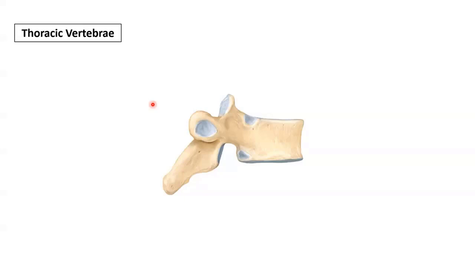And one of the unique features is that the spinous process of our thoracic vertebra, particularly from T1 to T10, or those first 10 thoracic vertebrae, are quite slender and they point downward, compared to the other vertebra, where most of the time they're in line with the vertebral body. So you can see this spinous process here is a little bit pointy on the end, and it projects downward, whereas most of our other vertebra, it projects in line with that vertebral body, straight out to the back.